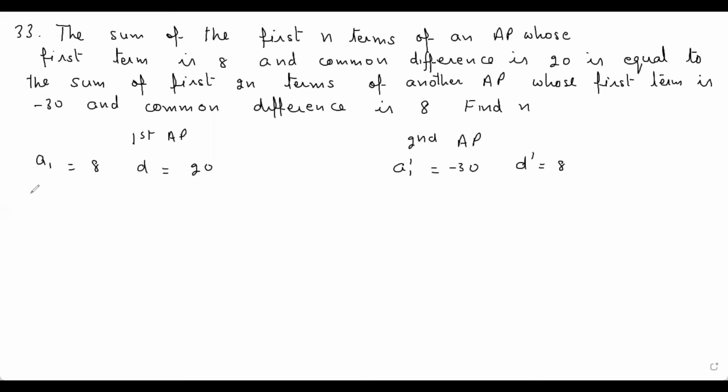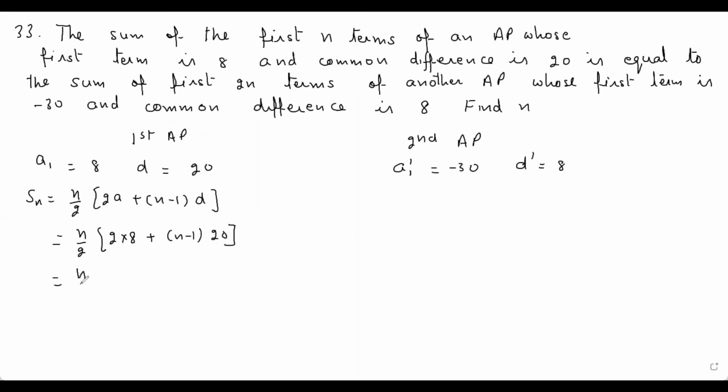Now the sum of n terms. The formula for Sn is n by 2 times (2a plus (n minus 1) d). That is equal to n by 2 times (2 into 8 plus (n minus 1) and d is 20).